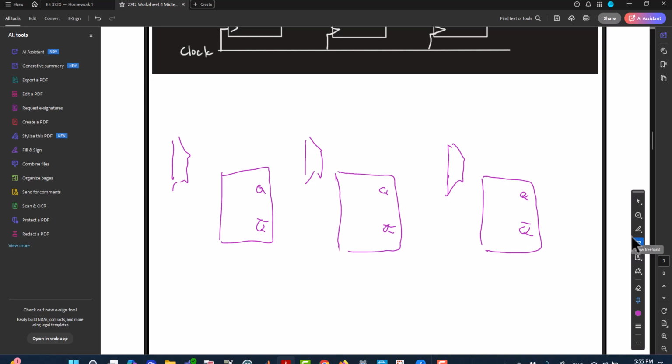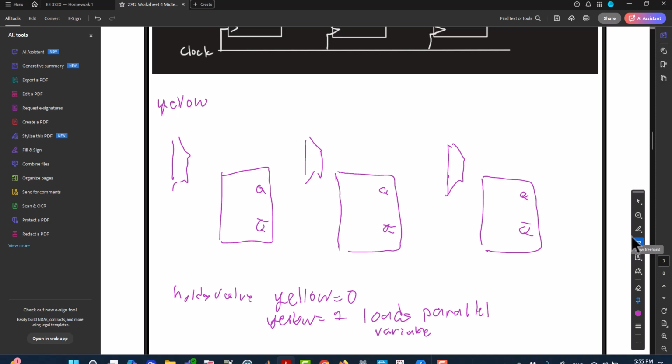It doesn't say for what value of the variable it does what, but let's say that it holds its value when this variable named yellow equals 0, and when yellow equals 1, it loads the variable W in parallel. So 0, 1, 0, 1, 0, 1.